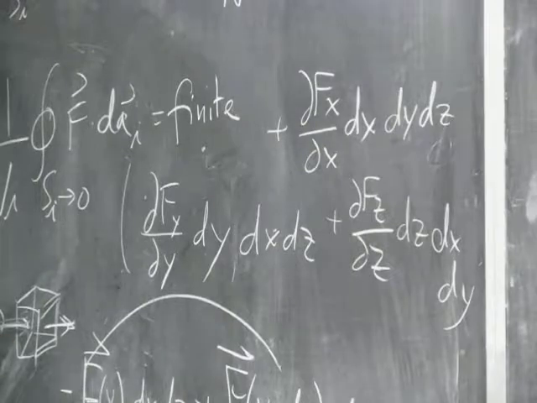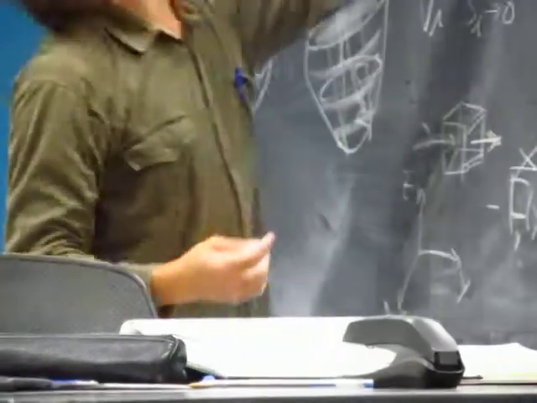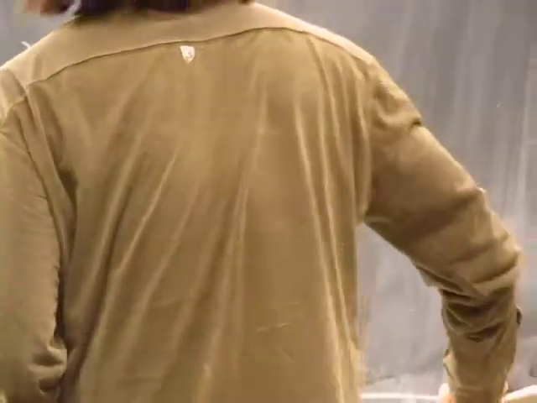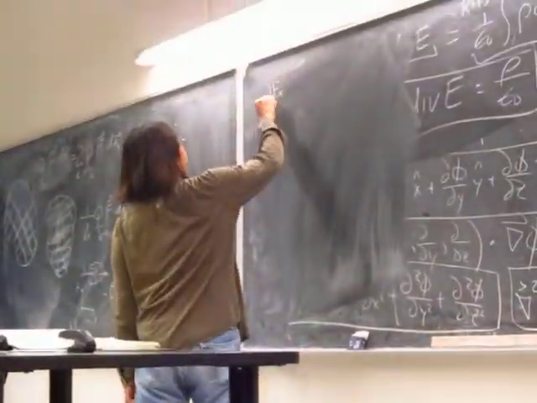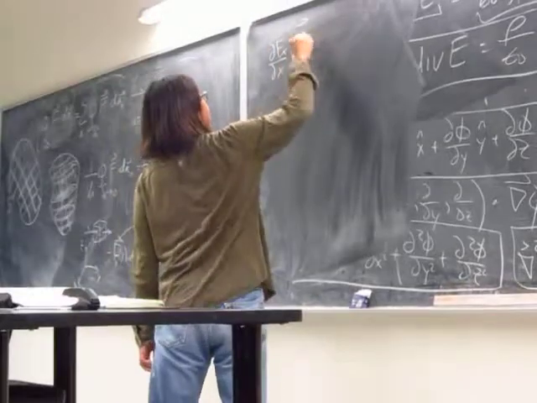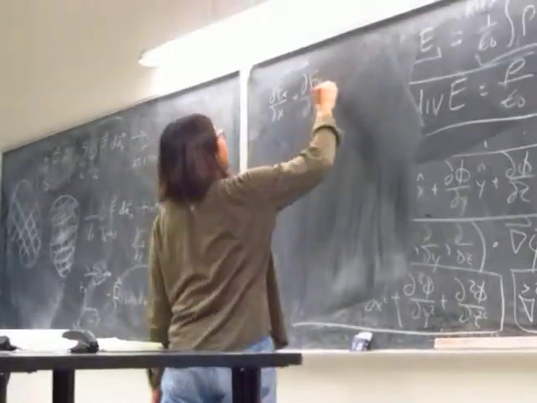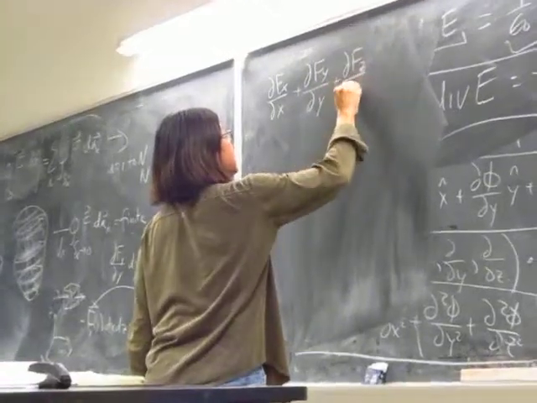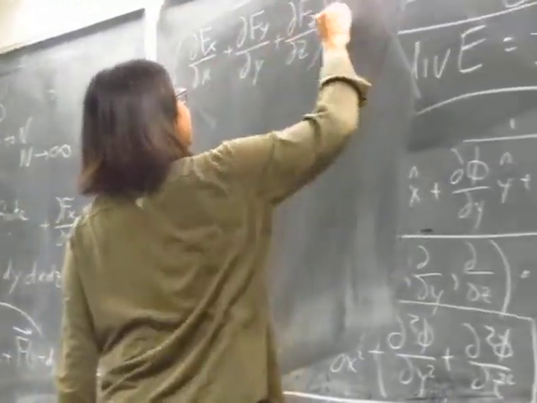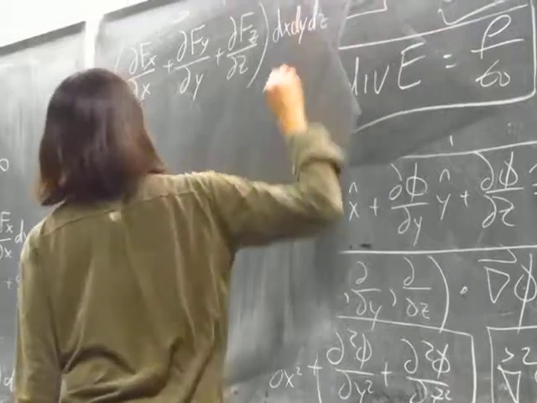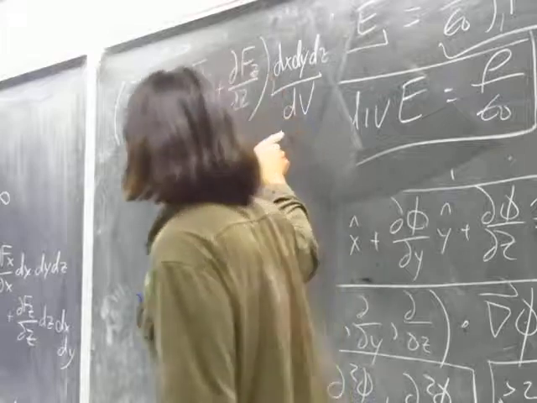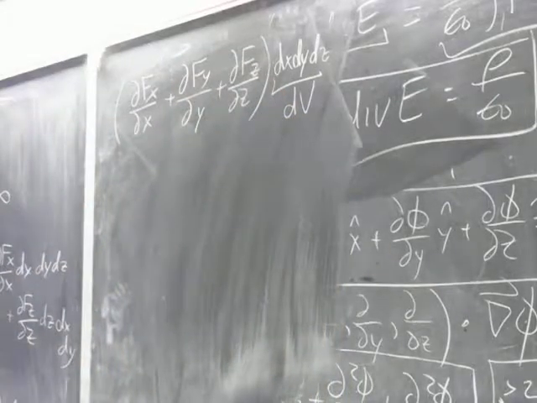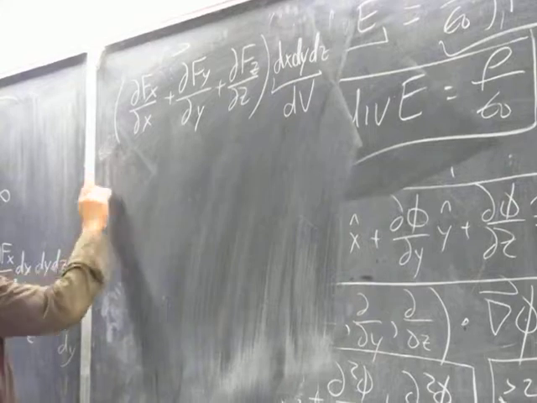As you see, the whole thing becomes dFx/dx plus dFy/dy plus dFz/dz times dx dy dz. And this is just the differential volume. So that's just equal to that integral.